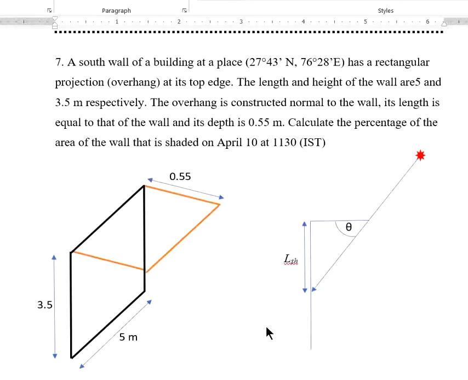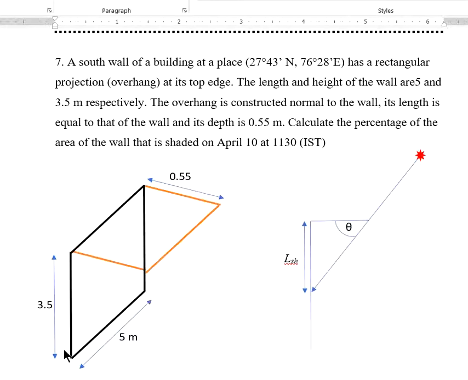Now the next problem is a similar problem. A south wall of a building at a place has a rectangular projection at its top edge. The length and height of the wall are 5 and 3.5 meters.